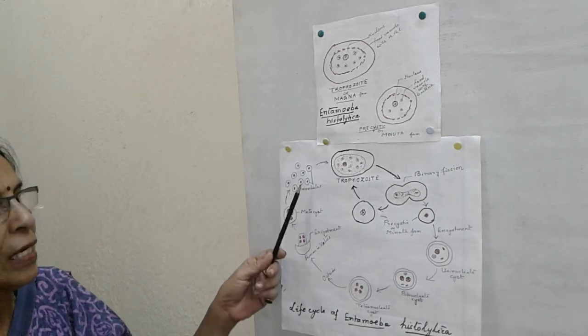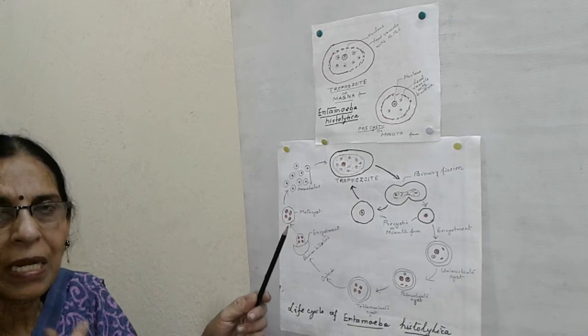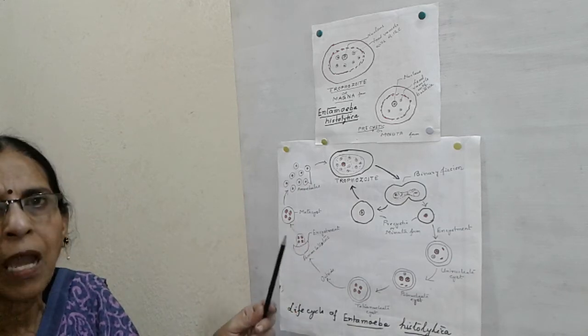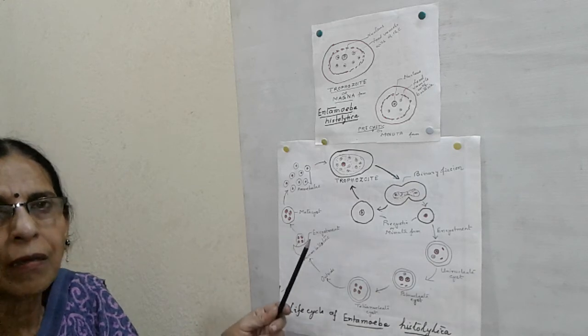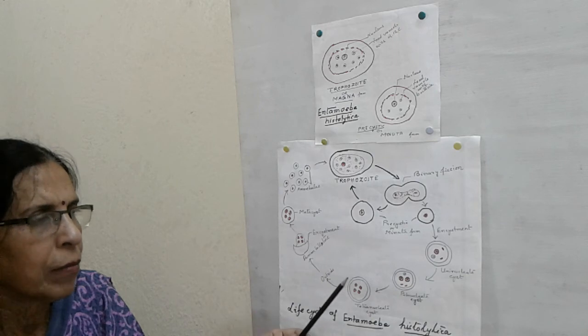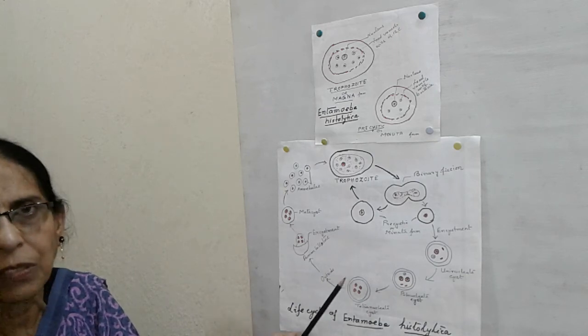So metacystic development is of a different type. I will explain that in my next class, in which I will complete all those: diagnosis, clinical features, prevention and control, prophylaxis, that is, drugs used.